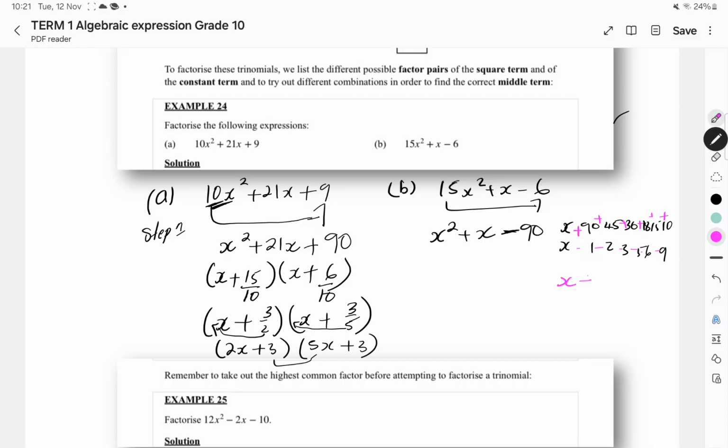So it means it's going to be x plus 10 and x minus 9. So I'm going to have x plus 10, x minus 9.